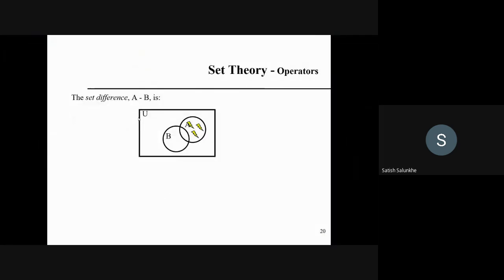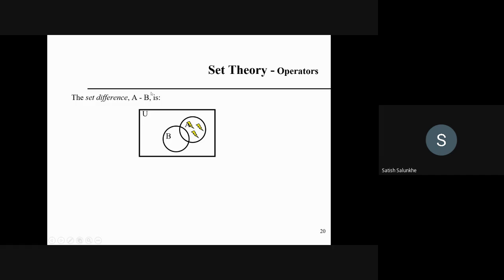Let us try to understand set difference A minus B. What is the meaning of A minus B? A minus B is nothing but excluding the elements of B; what is remaining in A is called set difference or relative difference.